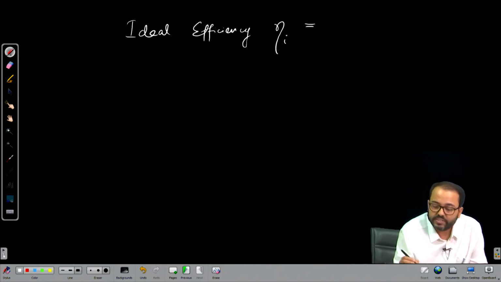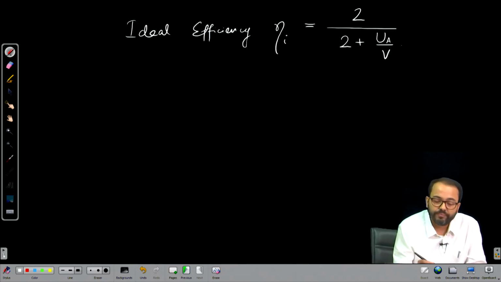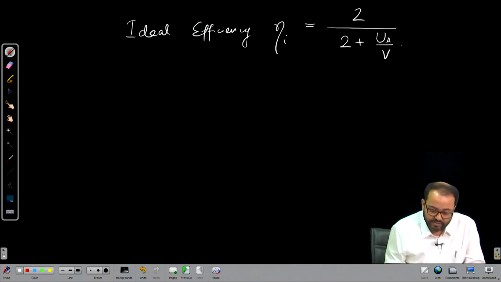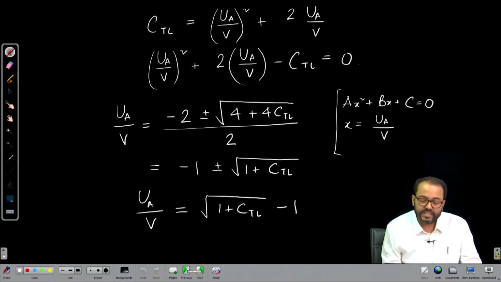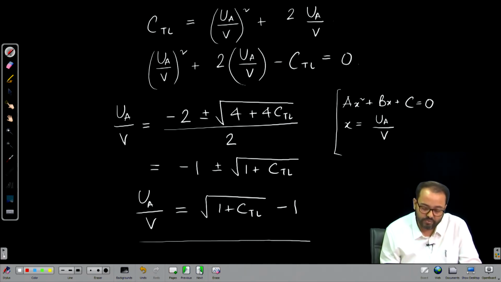Eta I was 2 by 2 plus UA by V, right. And from the previous page, we see that UA by V is root over 1 plus CTL minus 1.